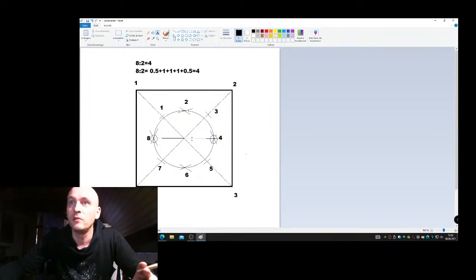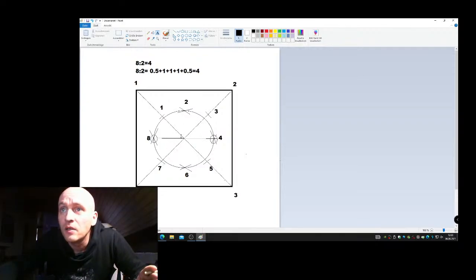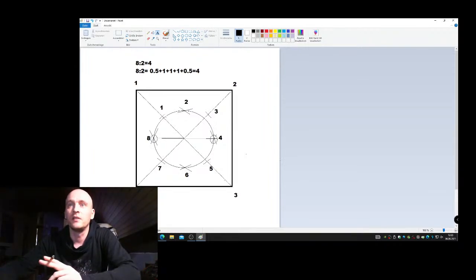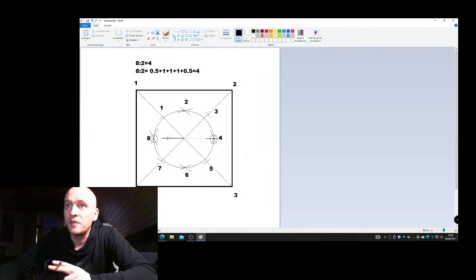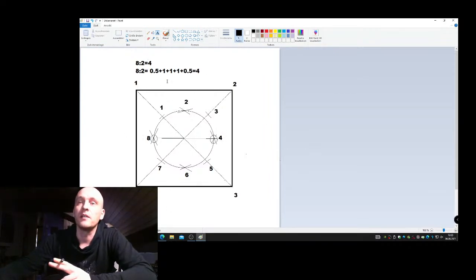So what has happened now is the following. We do 8 divided by 2, right? So this 8 fields here. 1, 2, 3, 4, 5. What? No, this is 6. 1, 2, 3, 4, 5, 6, 7, 8. Right. So we have here these lines take and these lines take 2. Then it's 8.